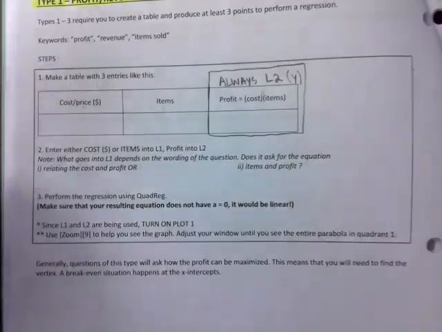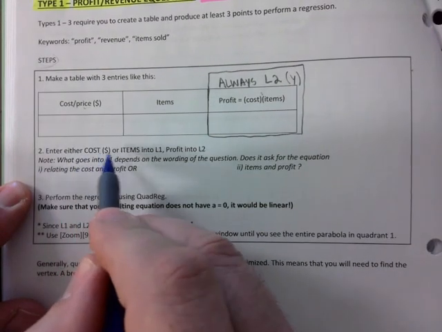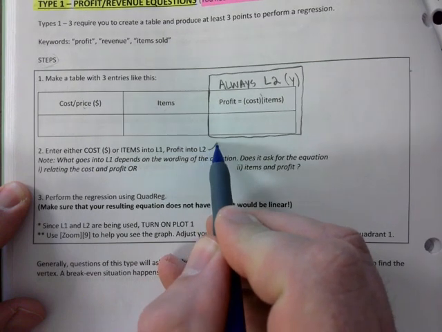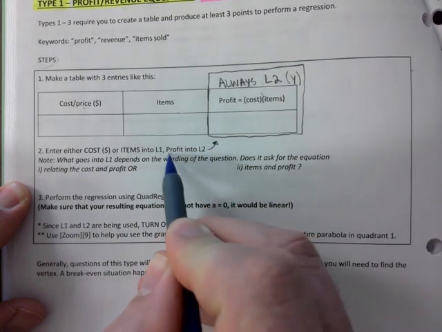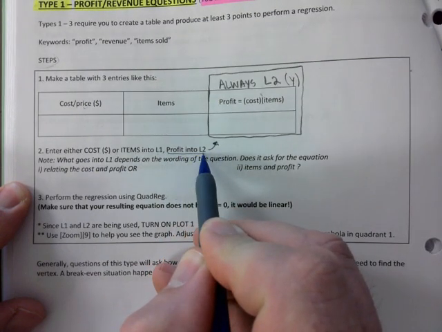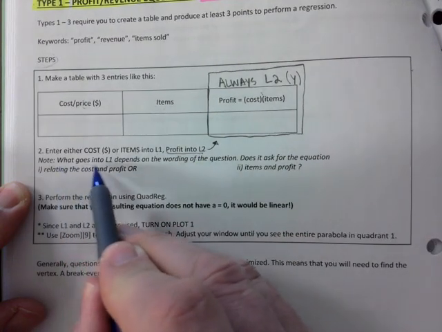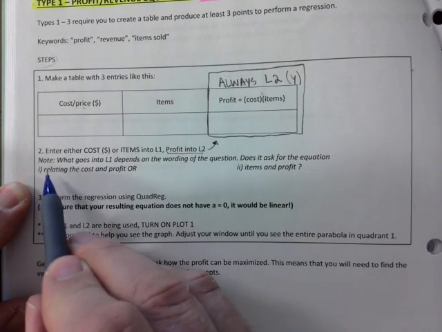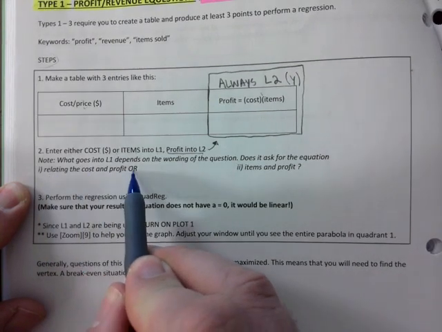More steps here. Enter cost or items into L1, profit into L2, right? There it is. Profit goes into L2. Note, what goes into L1 depends on the wording of the question. Does it ask for, relating the cost and the profit?